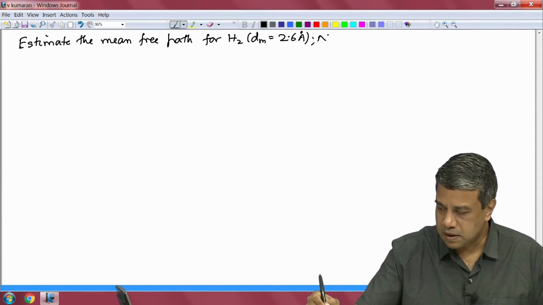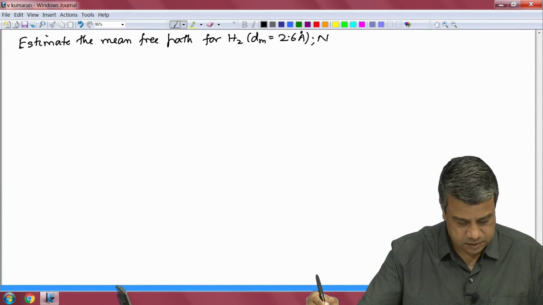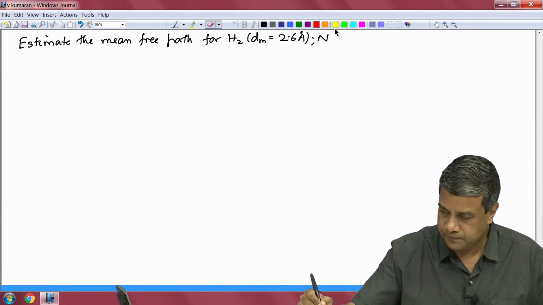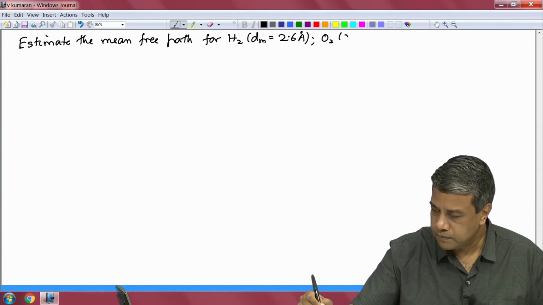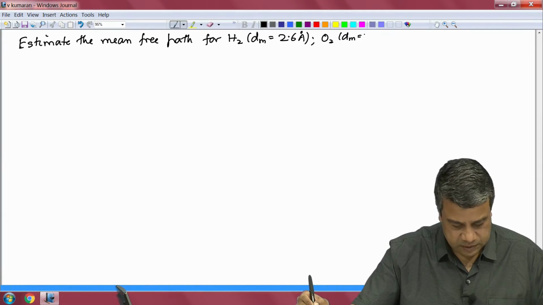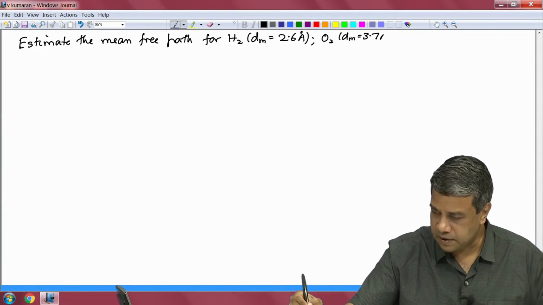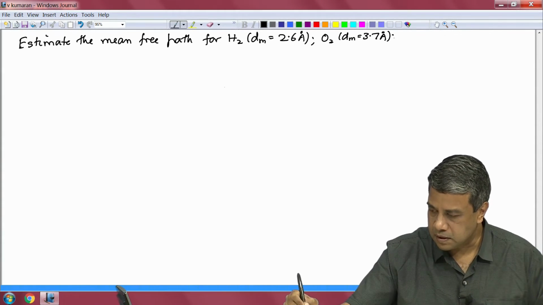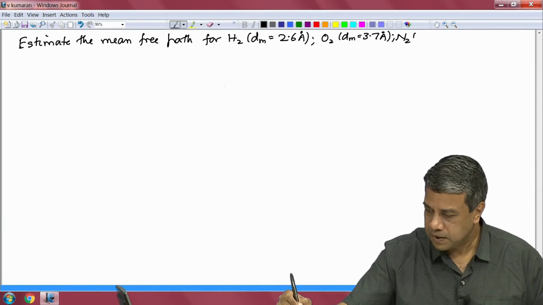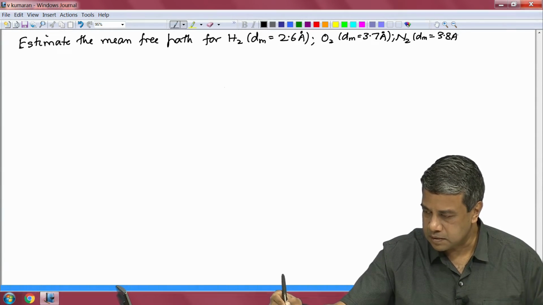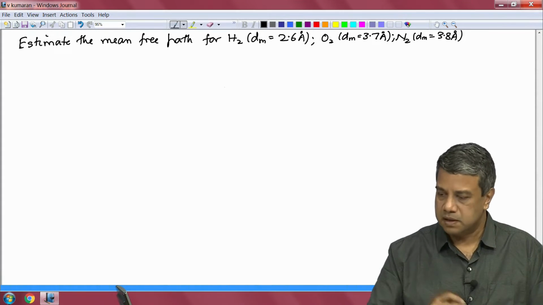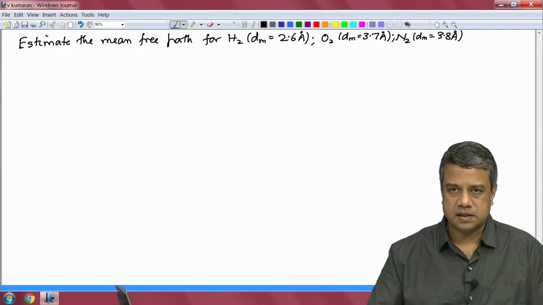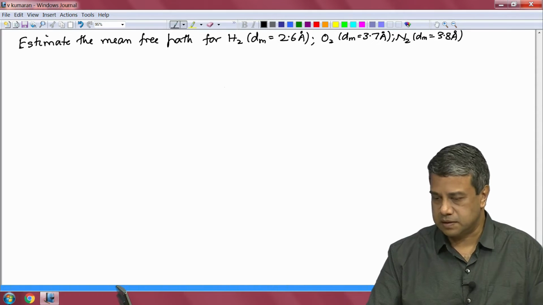Let me first take oxygen, whose molecular diameter is equal to 3.7 angstroms, and nitrogen molecular diameter is equal to 3.8 angstroms. So, let us estimate the mean free path for these gases having these molecular diameters.